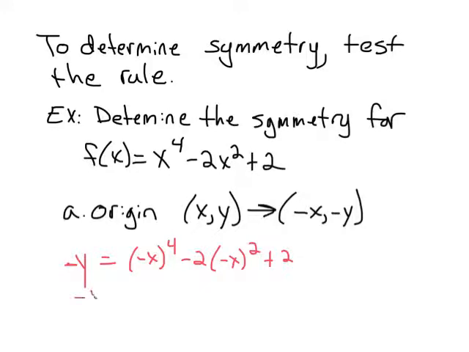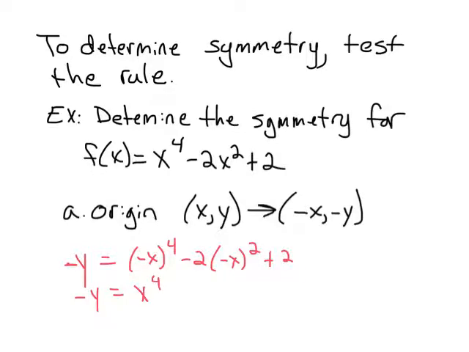So I have negative y is equal to... whenever I raise a number to an even exponent, my end result will always be positive. This negative x is like a negative 1 raised to the fourth power, which is always going to yield a positive. So this ends up being x to the fourth.